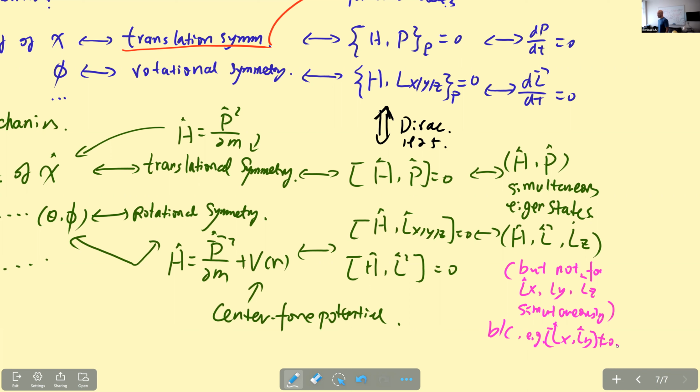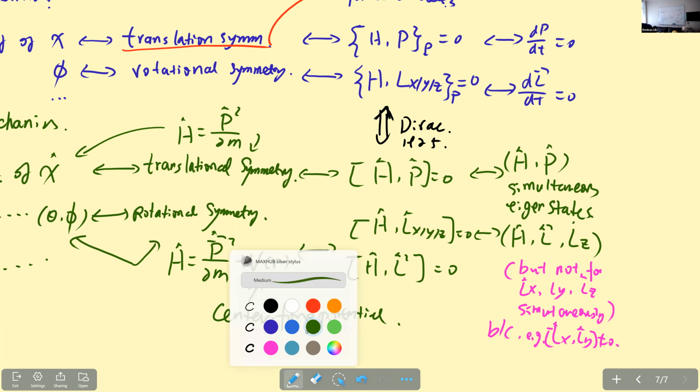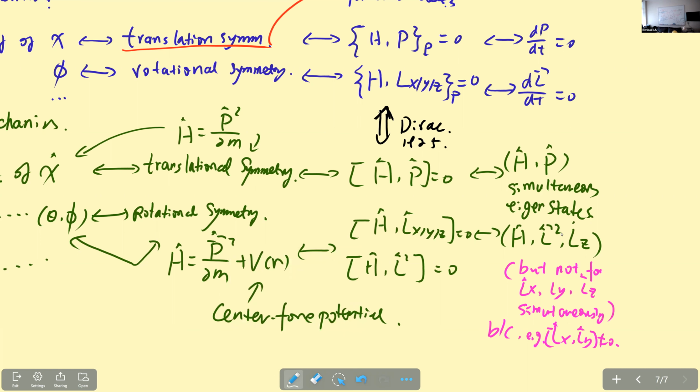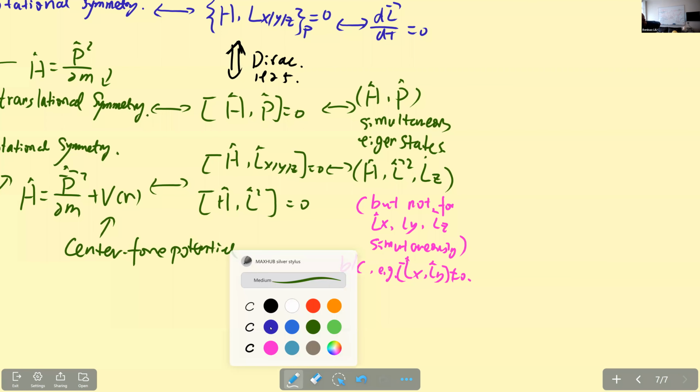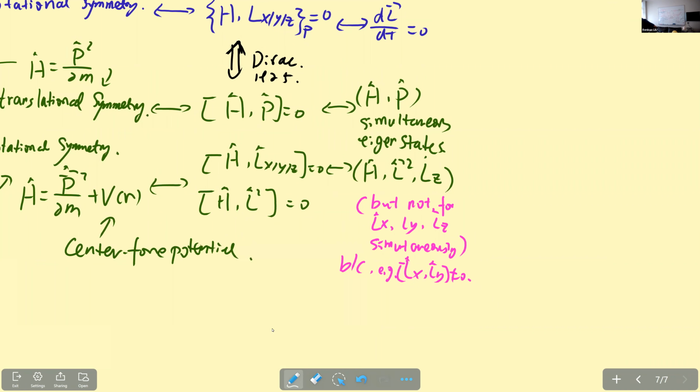So these five operators do not mutually commute, but only H and L squared and one of the components, for example Lz. Of course, you can choose also Lx.